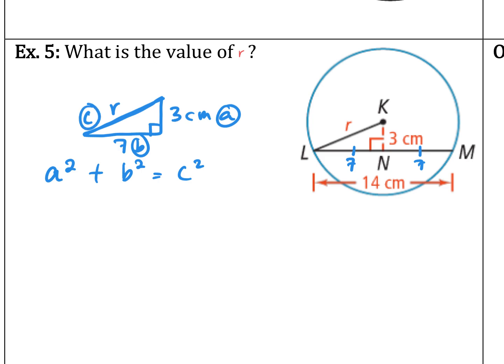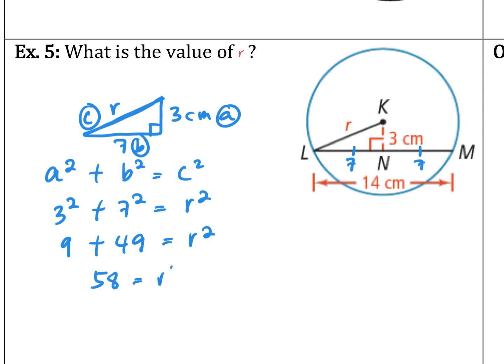So in here, I'm going to put 3 squared. Here my b is 7 squared. And I will just put r squared, okay? So that's going to be 9 plus 49 is equal to r squared. Okay, 9 plus 49 is going to give you 58 is equal to r squared.